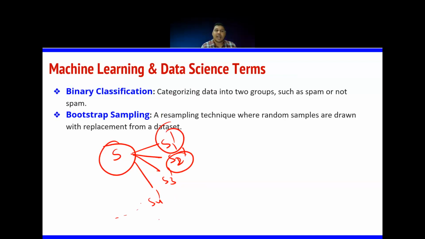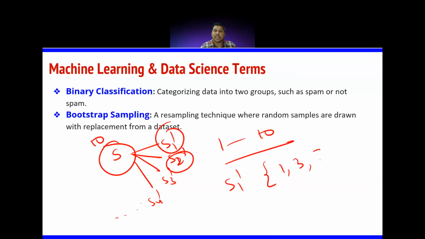The sampling is done with replacement. For example, the sample has only 10 values, 1 to 10. I draw a sample S1 dash, and maybe I got 1, 3, 7. I draw another sample S2 dash, and I may get 1, 3, 9 or 8.